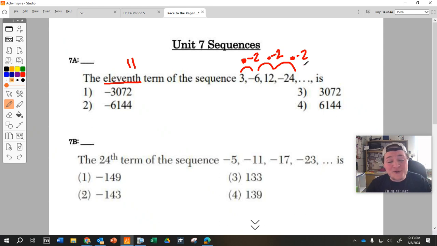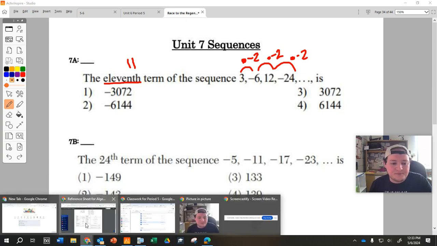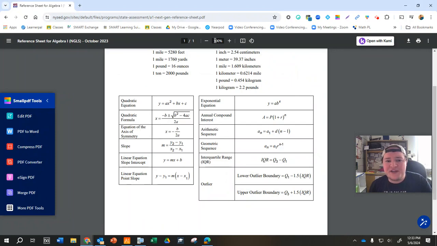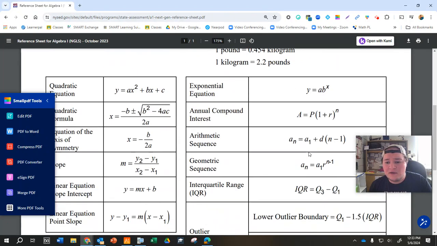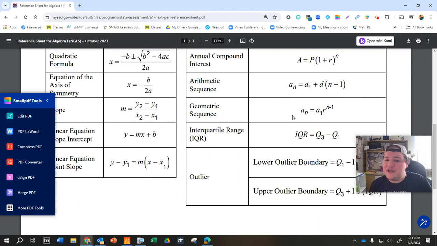So if you wanted to muscle through this question, you could sit here with a paper and just times it by -2 11 times, and then hopefully, as long as your bookkeeping is really good, you'll get the right answer. Now, I'm going to show you the real way to do it with sequences. Now, back to the reference sheet. On the reference sheet, there's two types of sequences here, arithmetic and geometric.